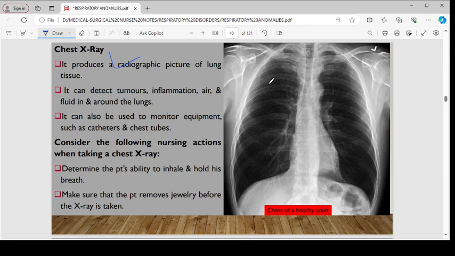So now we know that the air will be radiolucent, so when we are trying to visualize, we are going to have this dark discoloration. And then we have our heart in this region. So the rest now we have the lungs.